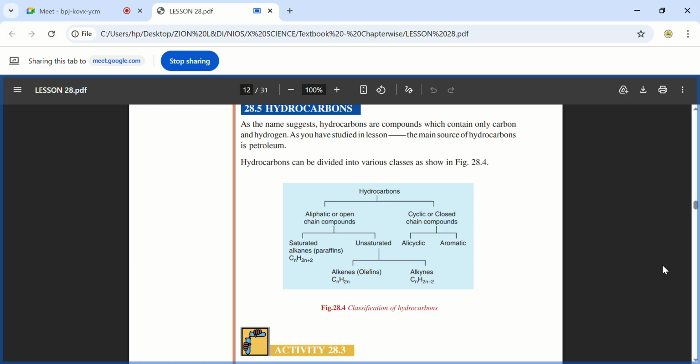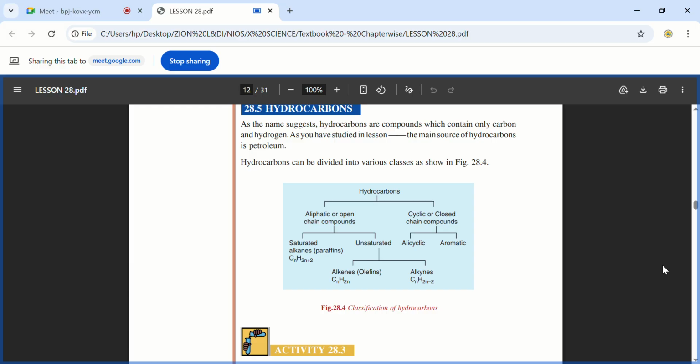Under the unsaturated we have two classes, that is alkenes and alkynes. When you pronounce them you feel it's similar, but look at the words: alkane with A, alkene with E, alkyne with Y. Is it understood? Yes, ma'am.